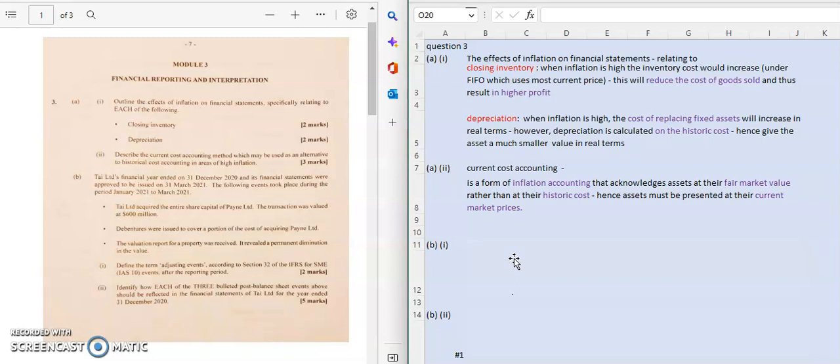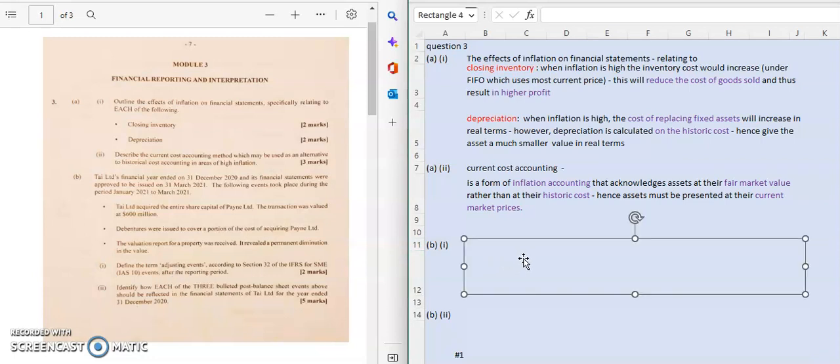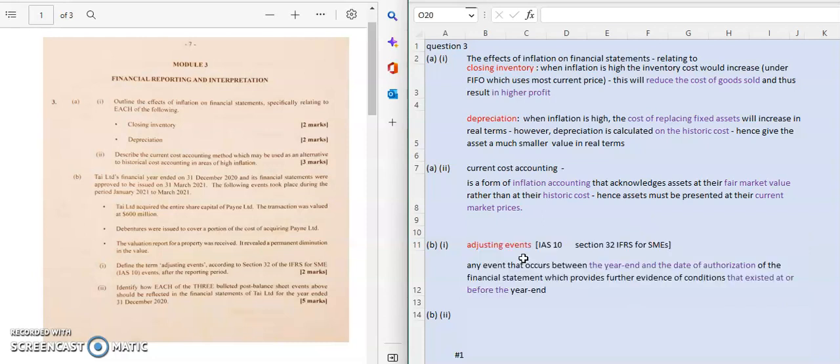And part B is asking us, as you can see, to define the term adjusting events. So what are adjusting events? What we do know is that any event that occurs between the year end, which in this case is December 31st, 2020, and the date of authorization, right, when they're going to be issued over to the shareholders, which is March 31st, 2021.